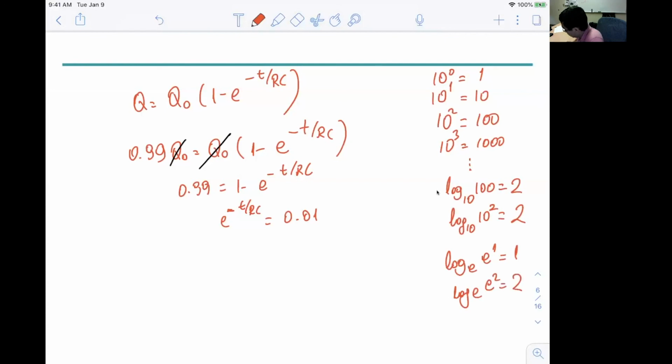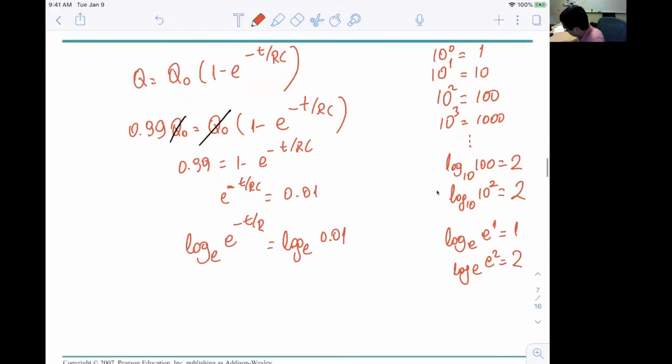So if you apply this to the function, take the logarithm on both sides of the equation, then you can simplify this. The left-hand side is going to be minus t over RC, equals log e of 0.01.